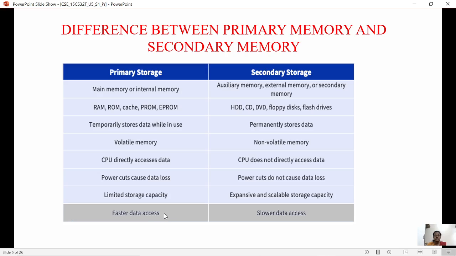That means the data present in the primary memory can be accessed very fast compared to the secondary memory. The data present in the secondary memory will be accessed slowly. So these are the important differences between primary memory and secondary memory.